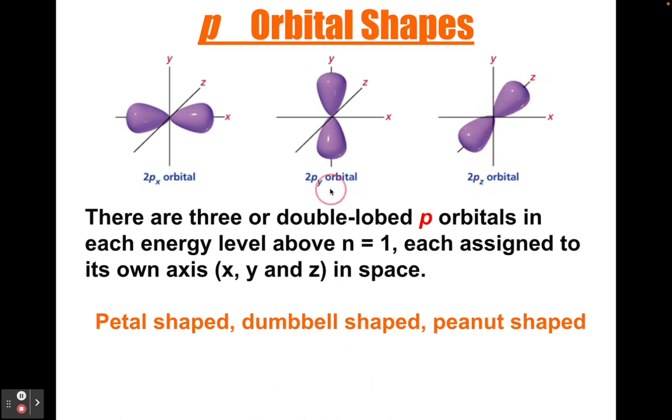So 3 different p orbitals arranged along different axes. All of these orbitals are together on the same set of axes. Here we split them apart, but if you bring them back together, you'd have a px here, a pz here, and a py. So they'd all be together in this space. They're not separate like this.